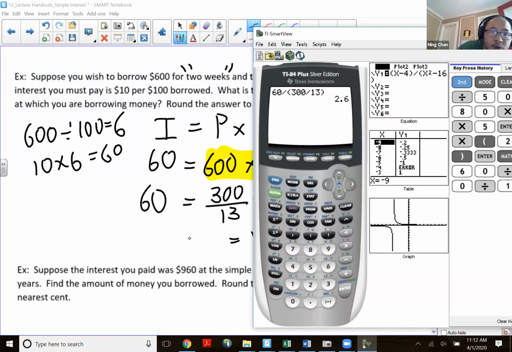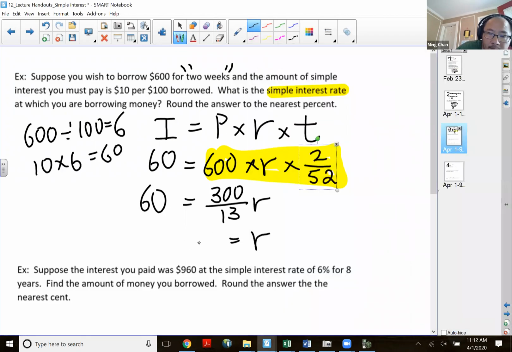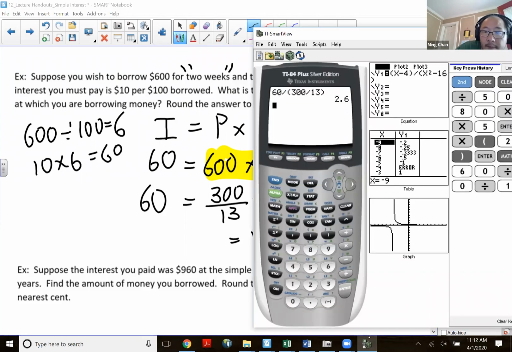And my answer is 2.6. Let me show how I key it in, all right? 60 divided by 600 times 2 weeks out of 52 weeks in a year.